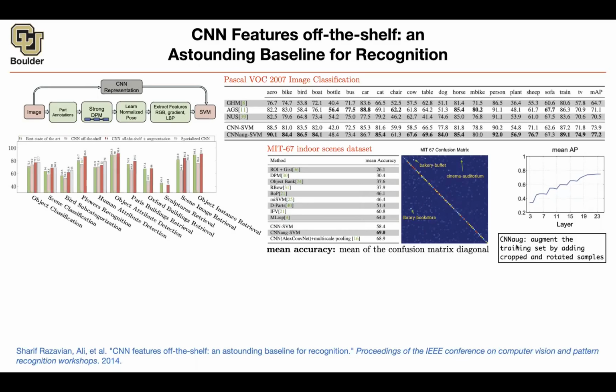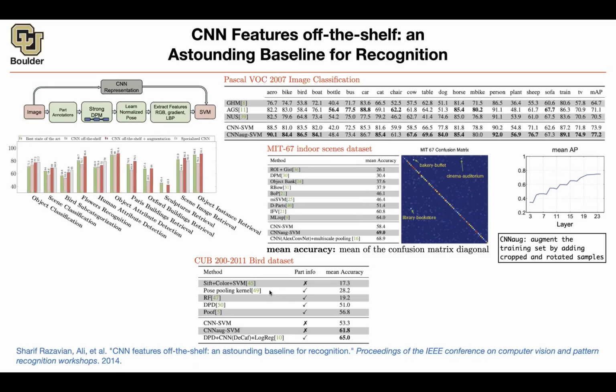As I said, CNN aug stands for having some data augmentation going on, like cropping and rotating your samples. For bird subcategories, we saw this in the previous paper also. We are seeing it help here as well. DCAF is the previous paper. And these augmented CNNs are doing as well. These ones were using part information. This one is not.